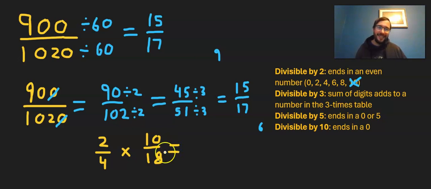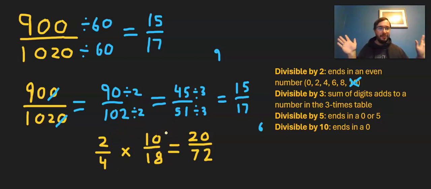But you totally don't have to. You can just multiply these two numbers out. I think that's 72. I really hope I'm right on that. And then you can simplify it at the end, okay? You don't have to do the simplifying throughout if you think it's too confusing. I wouldn't even do that. I like simplifying at the very end. I think that's a good habit to get into.